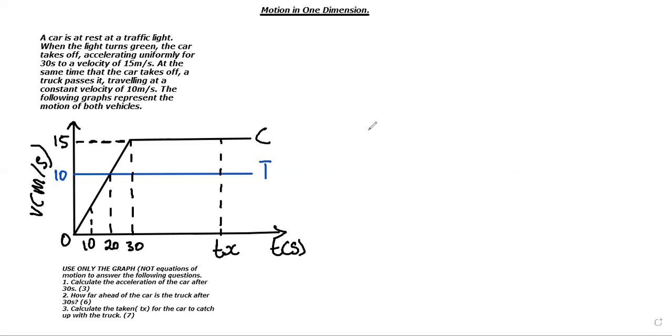We find the distance of the car after 30 seconds. We also find the distance of the truck after 30 seconds. And then the difference between the two distances will be how far the truck is ahead of the car. Do you see that? Right.